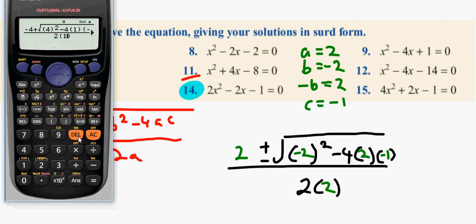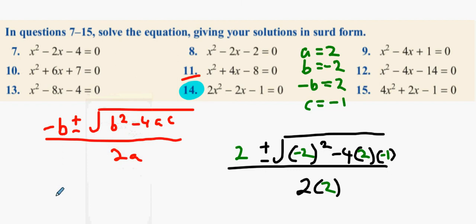You can just press the back button and fix the numbers here. And as Keane rightly said, it's 1 plus root 3 over 2. Now, I don't even need to look at the other answer because I know straight away it's going to be 1 minus root 3 over 2. Is that alright? How many people got that?